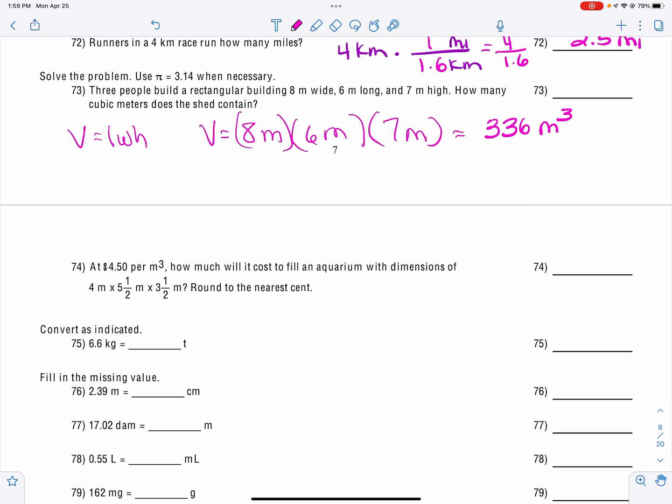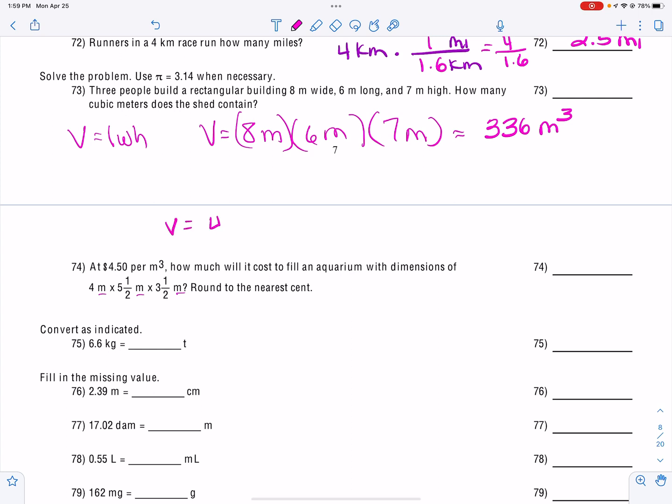Okay. Now, as I go through, it says that it's $4.50 per meter cubed, and we want to know how much it will cost to fill this aquarium. Okay. So I'm probably going to use decimals, and since they're all in the same units, meters, I can figure out the volume.